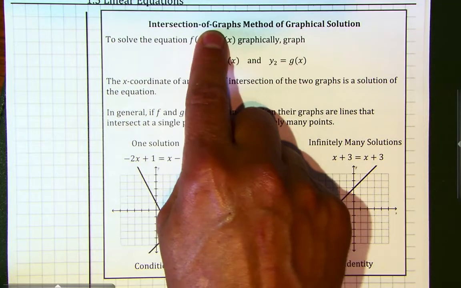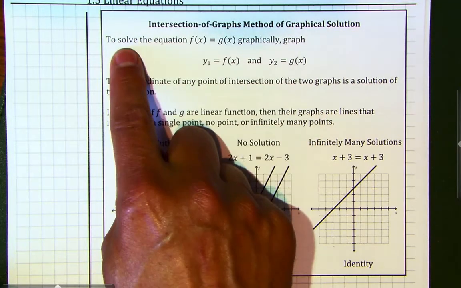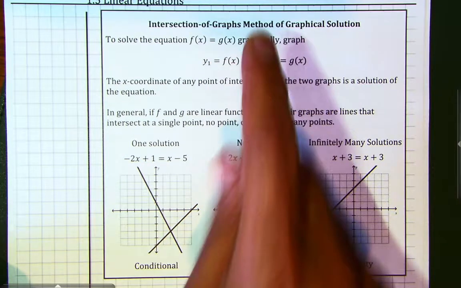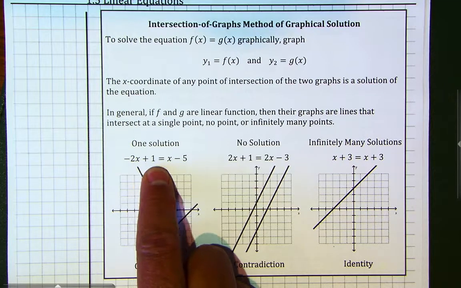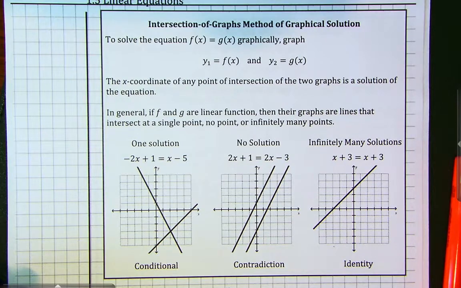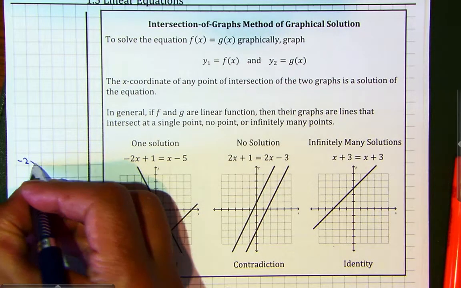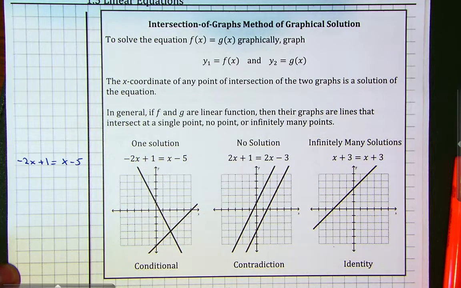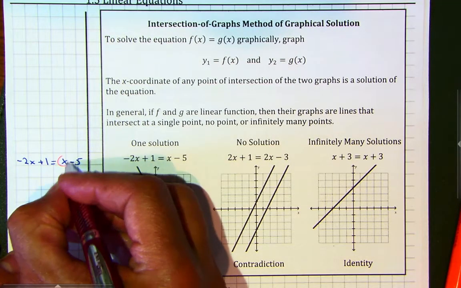Intersection of graphs, method of graphical solution. So to solve the equation f of x equals g of x graphically, for example, if I was going to solve negative 2x plus 1 equals x minus 5 on the left-hand side, I have negative 2x plus 1 equals x minus 5, and I solve it, move my x's to the left, we can't say negative x.